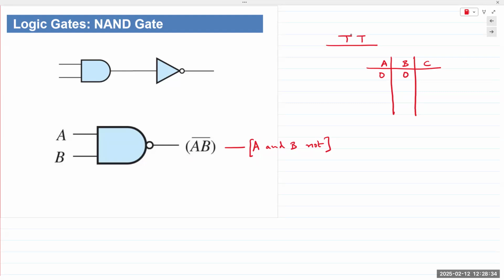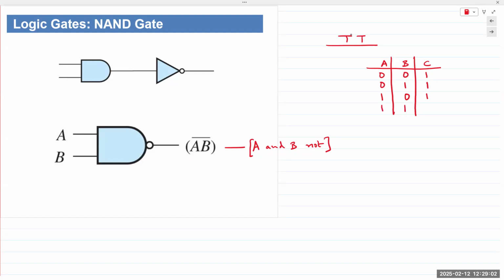And so the output is 1. I heard 1 and I saw rumblings of 1. How about for 0 and 1? 0 and 1 would give you 0. You invert it, so 1. Yes, that's correct. 1 and 0, 1.